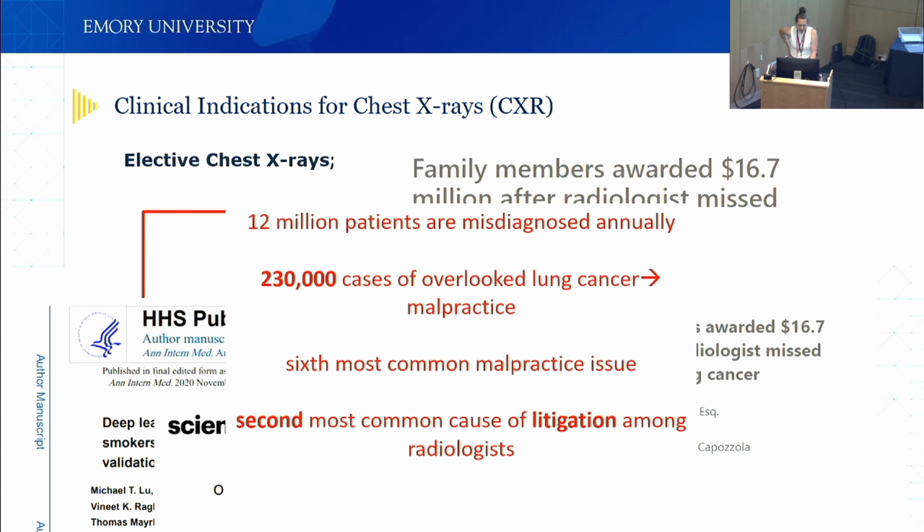Over 200,000 cases of lung cancer are overlooked due to malpractice alone, and this is the US only. It's the 6th most common malpractice issue and the 2nd most common cause of litigation amongst radiologists. So there's very high incentive, so that's why there's a lot of AI development, because it saves hospitals a lot of money and it saves you a lot of lawsuits.